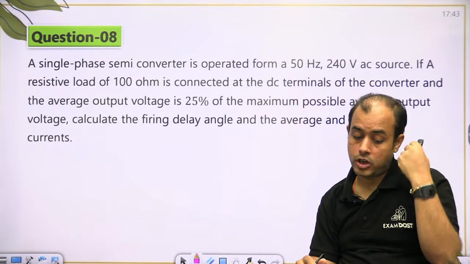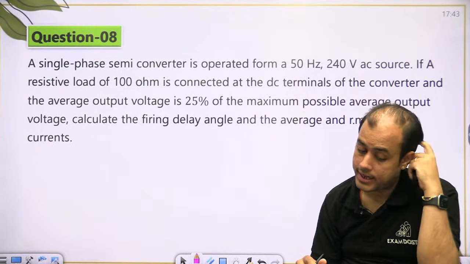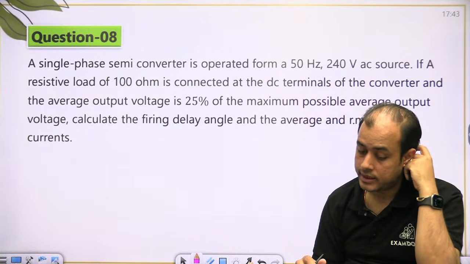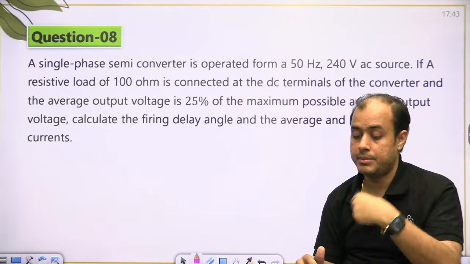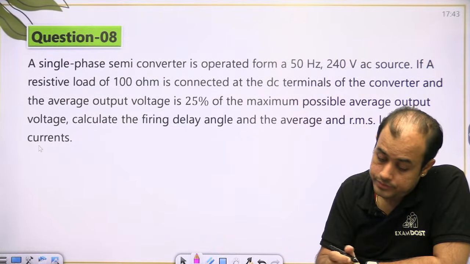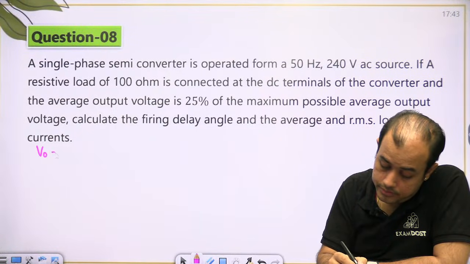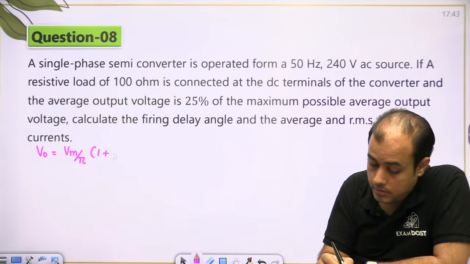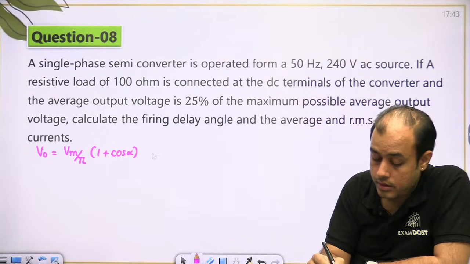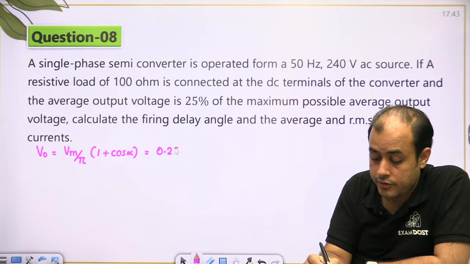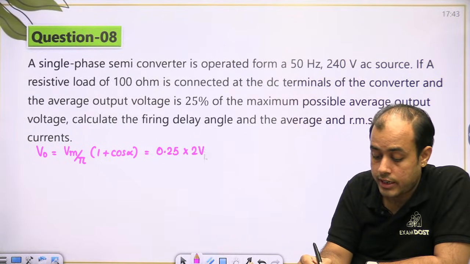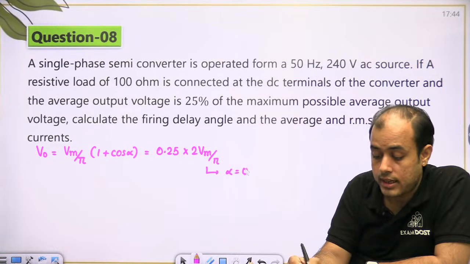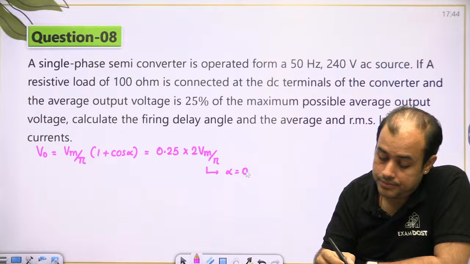Semi-converter is operated from a source. Resistive load is connected at the DC terminal. Average output is 25%. Alpha, average and RMS load current. It is 25% of maximum average. Now this maximum average occurs at alpha equal to 0. ठीक है?